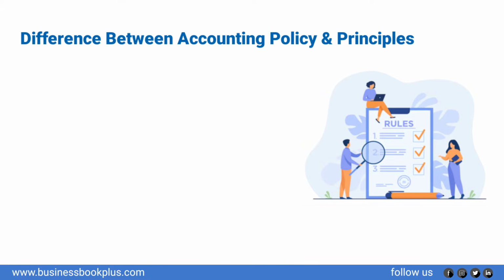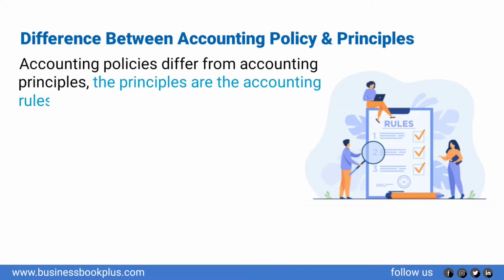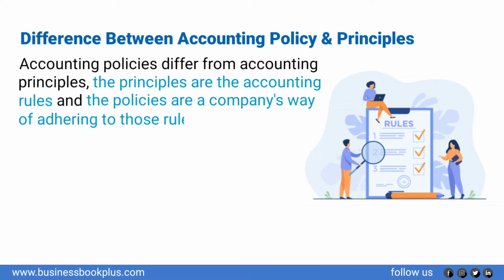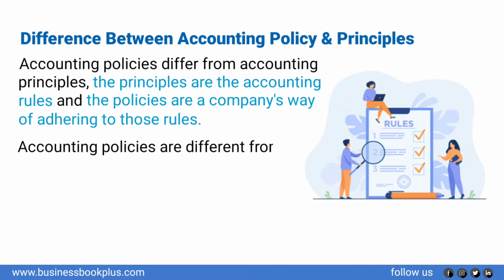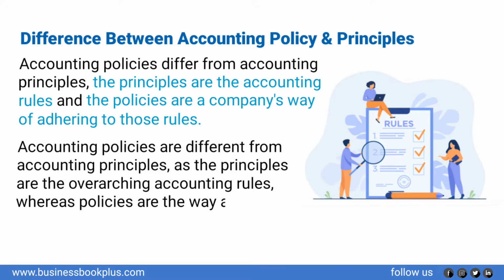Difference between accounting policy and principle. Accounting policies differ from accounting principles. The principles are the accounting rules and the policies are a company's way of adhering to those rules. Or, accounting policies are different from accounting principles as the principles are the overarching accounting rules, whereas policies are the way a company follows the rules.